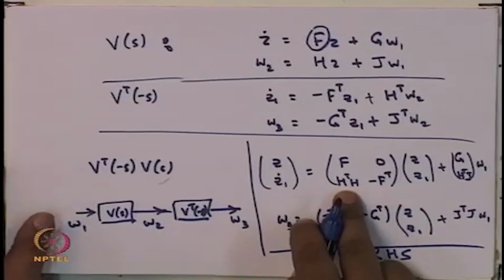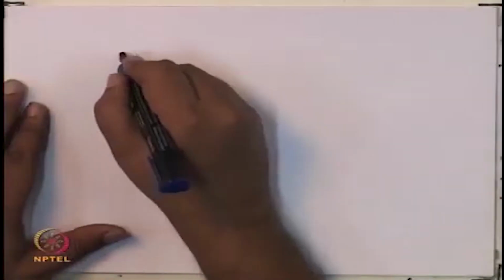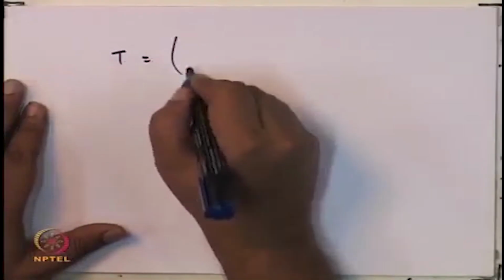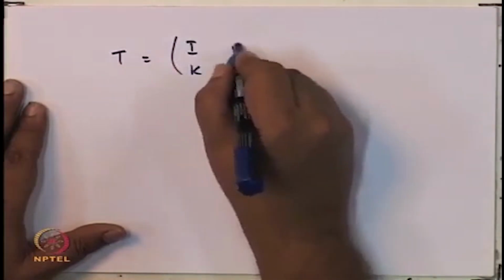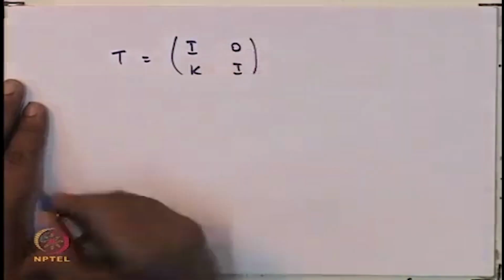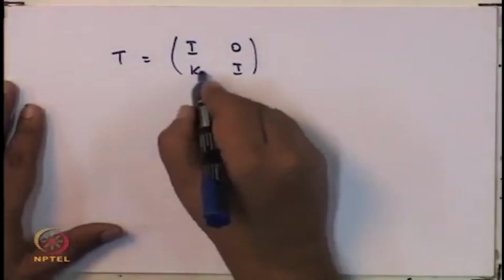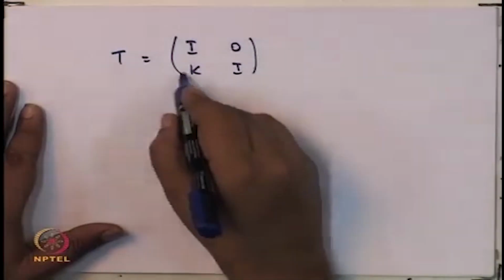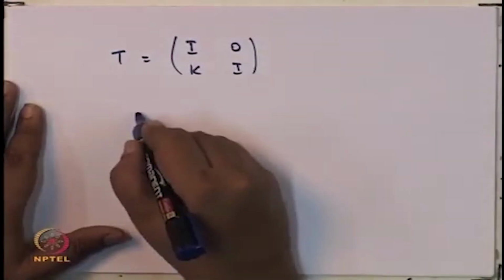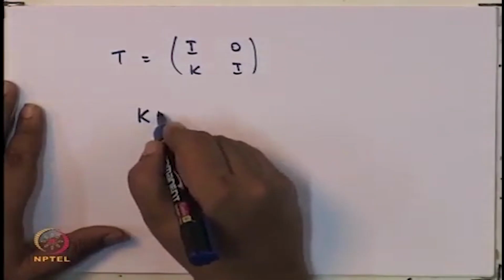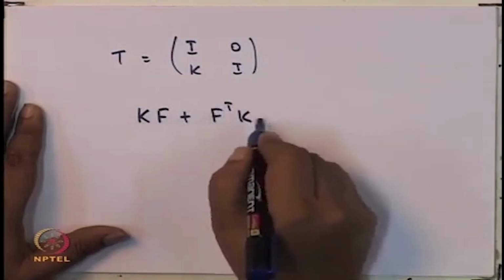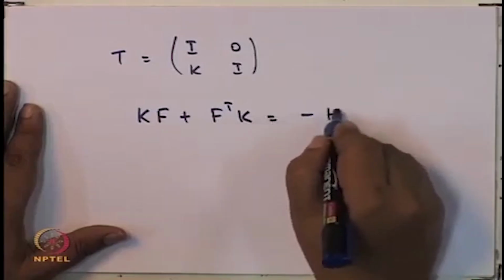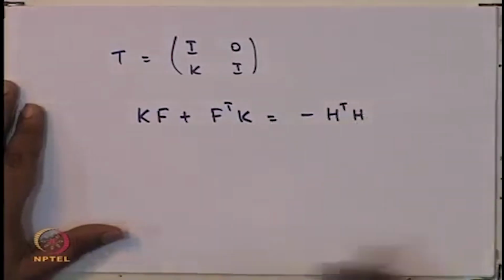Now, the way we get rid of this H transpose H is the following. So, we will use for the transformation a matrix T which is of the form I K 0 I, and this K is not any old K, but this K is a K that would satisfy the Lyapunov equation K F plus F transpose K equal to minus H transpose H.